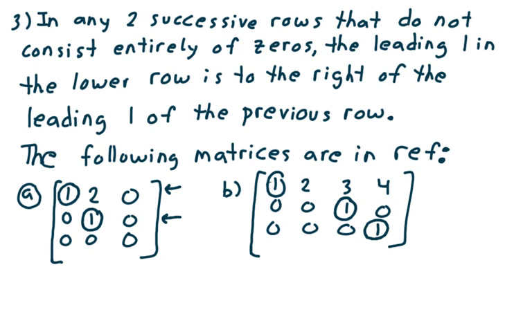Now, if that entry was, for example, 2 and not 1, it is no longer in row echelon form. So we have to be very careful. I'll leave it as a 1 because we don't necessarily have to have a row of zeros. It's just that if we do have a row of zeros, they must occur at the bottom.